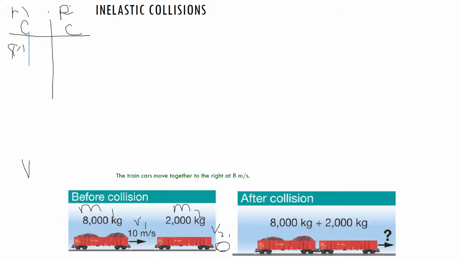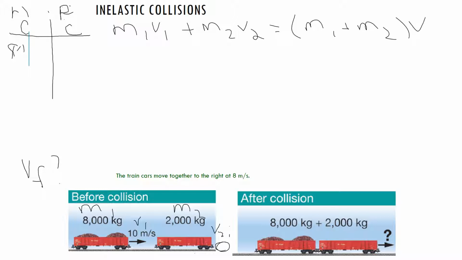And we want to know the final. All right, so we're going to write down our formula. M1 V1 initial, plus M2 V2 initial equals M1 plus M2 times VF.